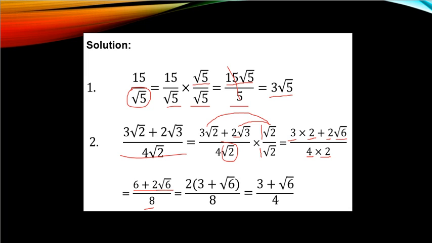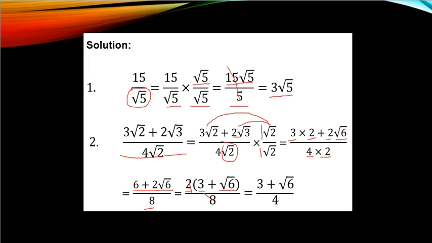If you factor out 2, the term you factor out, you use it to divide through the numerator. You divide 6 by 2, you have 3 left. You divide 2 root 6 by 2, you are left with root 6. By the time 2 and 8 are divided by 2, this 2 is gone.